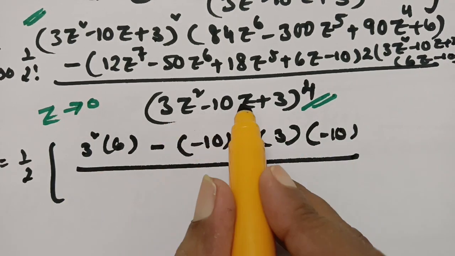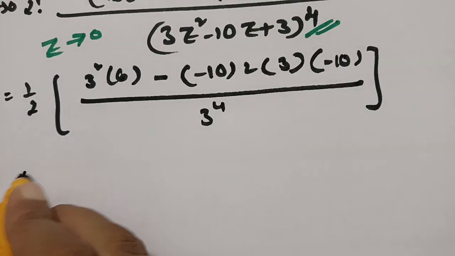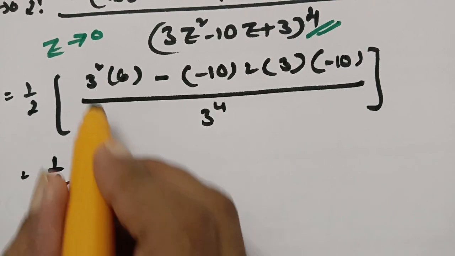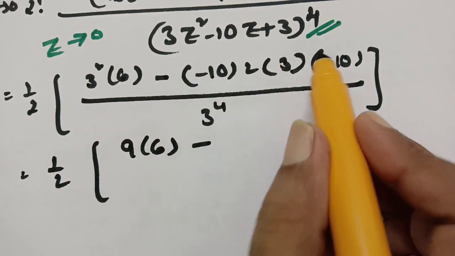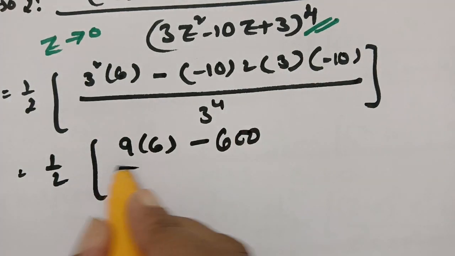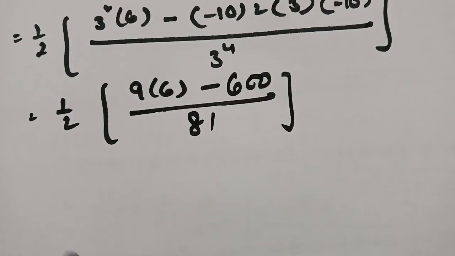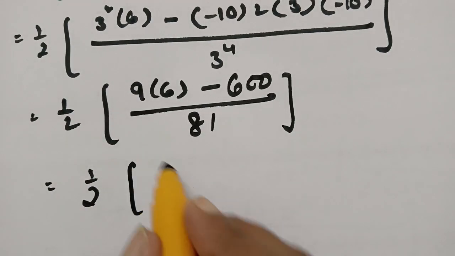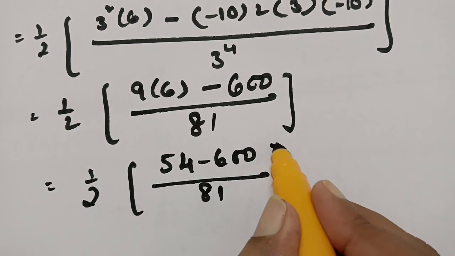This value is 3 power 4. Clear? So this is 1 by 2 factorial, which is nothing but 2. This is 9 into 6, minus into minus is plus, and again this is minus 6 into 100. This value is 600 by 3 power 4. This is 81. Clear? And this value is half times of 54 minus 600 by 81.